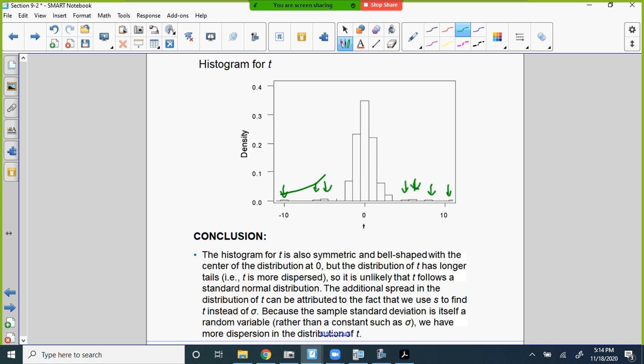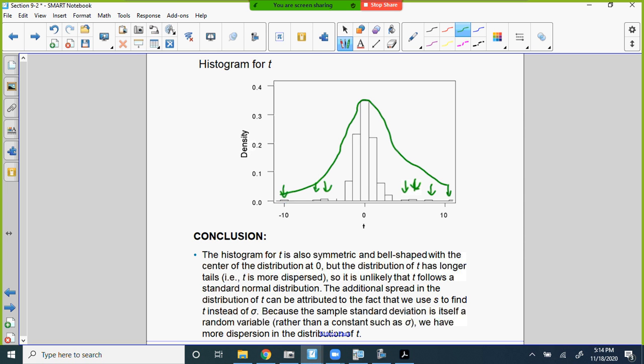It's a longer tail, so it's going to have a little bit more variability. On a safe bet, you would prefer a t confidence interval over a z confidence interval, because it gives you more of a safety net.